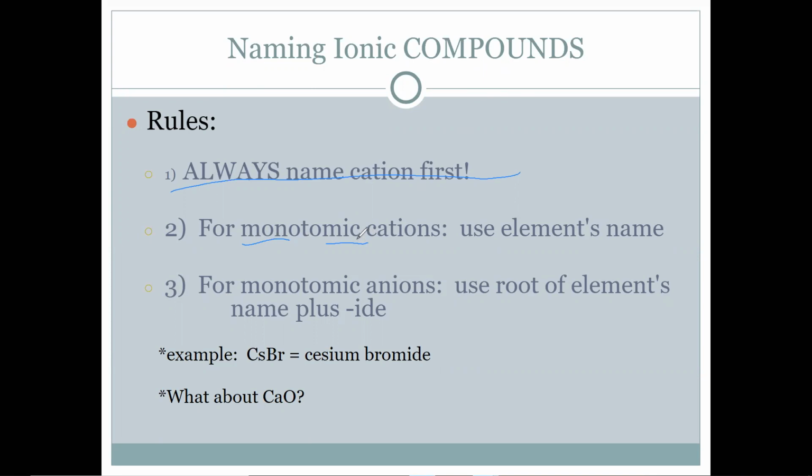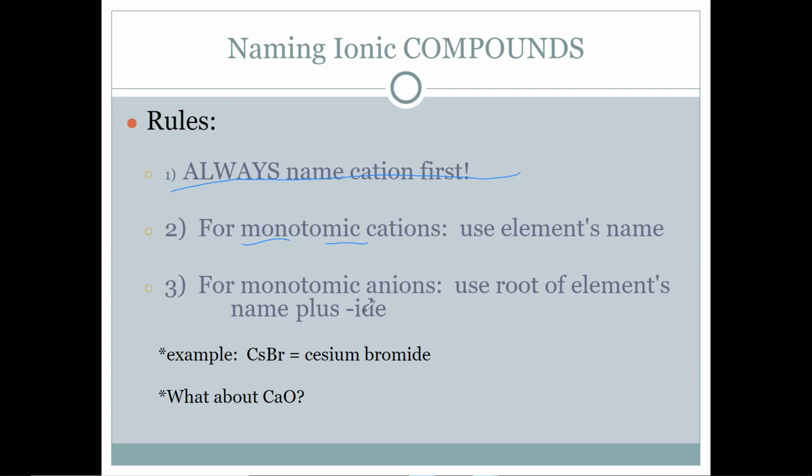Cations that are made up of one ion, not 2, not 3, not 4, but 1, you're just going to use that element's name. So magnesium would say magnesium, potassium would say potassium, strontium would say strontium, sodium stays sodium, lithium stays lithium. Okay, so those are easy.